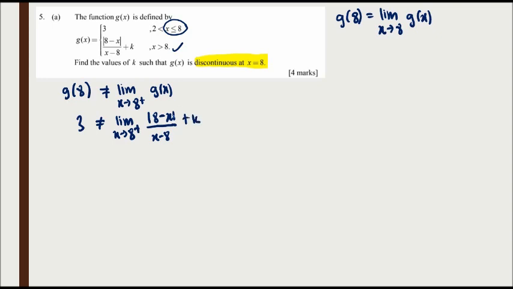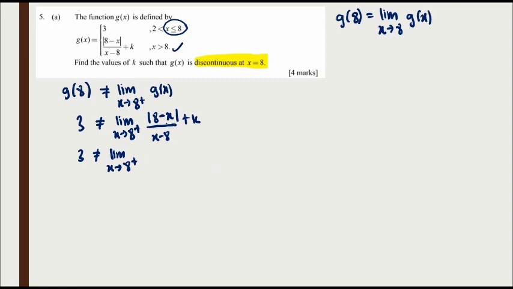So what we're going to do next is, the left hand side will just stay the same, and we will operate on the right hand side. We have the limit of x approaching 8 from the right.